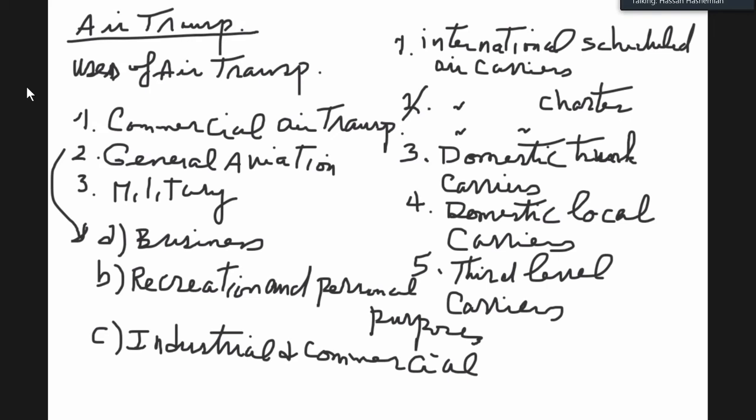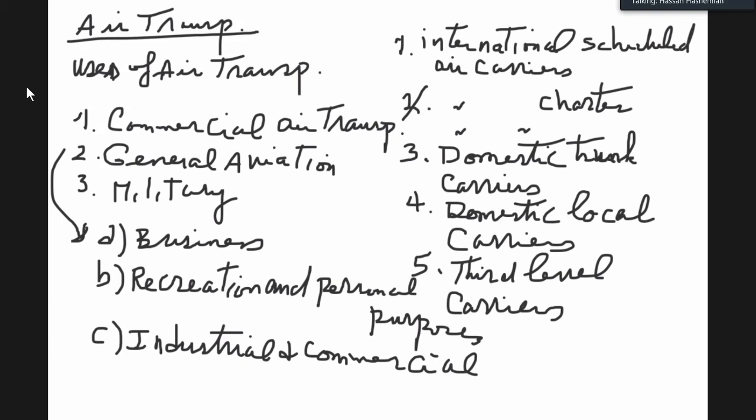For recreation and personal purposes, people just go and rent an airplane and go from city to city for personal purposes and recreation. Or some people own some of these airplanes that they use for their recreation.